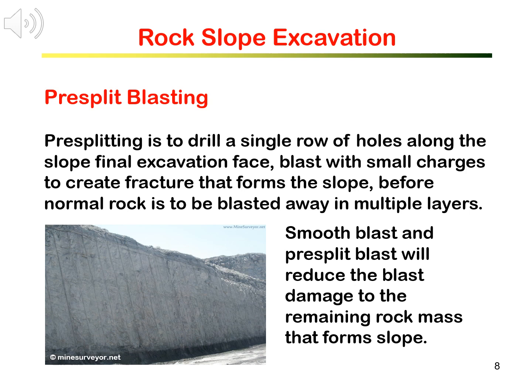Pre-split blast generally is more costly, but it gives better finishing of the slope face. Both smooth blast and pre-split blast reduce the blast damage to the remaining rock that forms the slope.